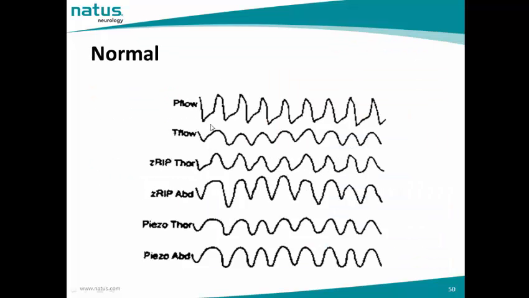In this drawing, the first two traces are for the flow, nasal pressure and thermistor. The second two traces are the RIP thorax and RIP abdomen. The last two traces are piezothorax and piezoabdomen. The breathing pattern is sinusoidal breathing, so there is no abnormality here.